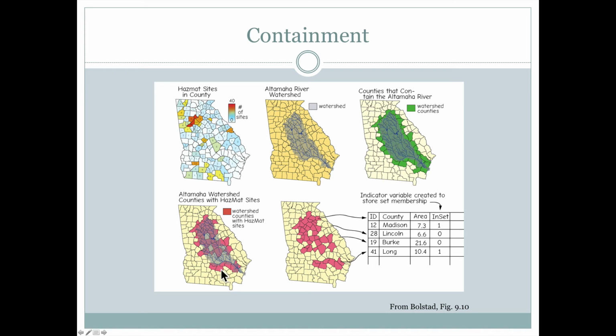But this is a conservative way of doing it. Now what we can see is all of these counties are contained within the watershed and have hazardous waste sites on them. So containment means at least part of these counties are within this watershed. Furthermore, the red color means that in addition to that, they have at least some hazmat sites associated with them.